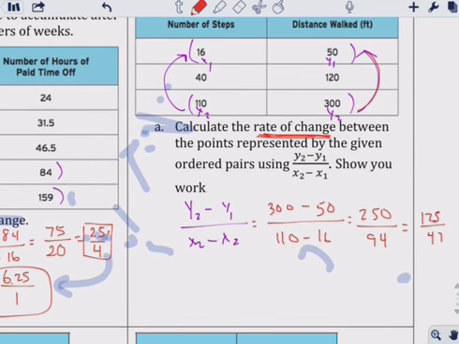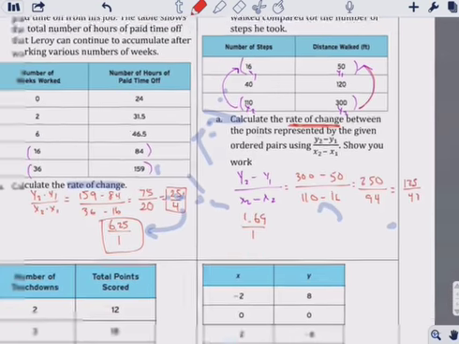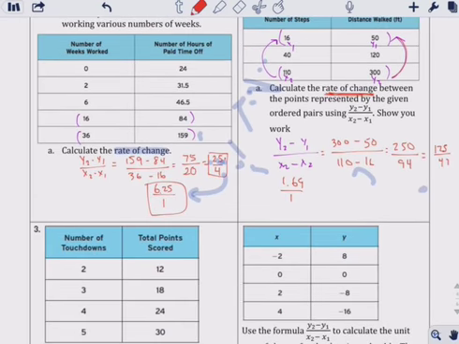My goodness, 1.69. We'll just round it over 1 is the unit rate. I guess you can do each step you take. That's 1.69 feet for one step. Sounds pretty accurate.